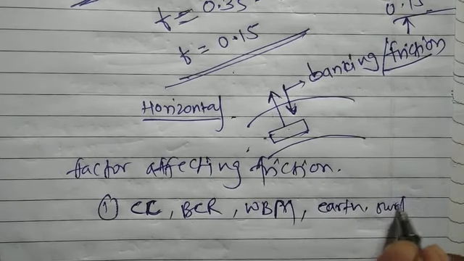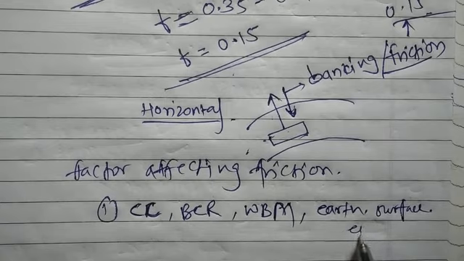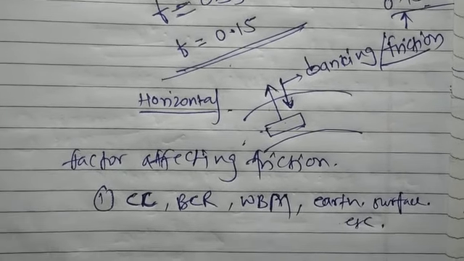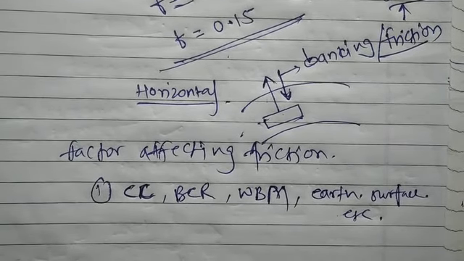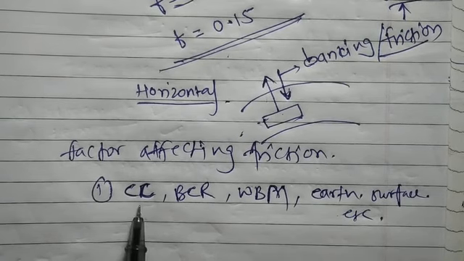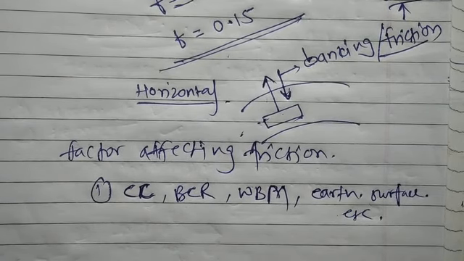According to this, the friction may change. For a cement concrete road, the friction coefficient will be different. Similarly, for other types of roads, the coefficient of friction will be different.